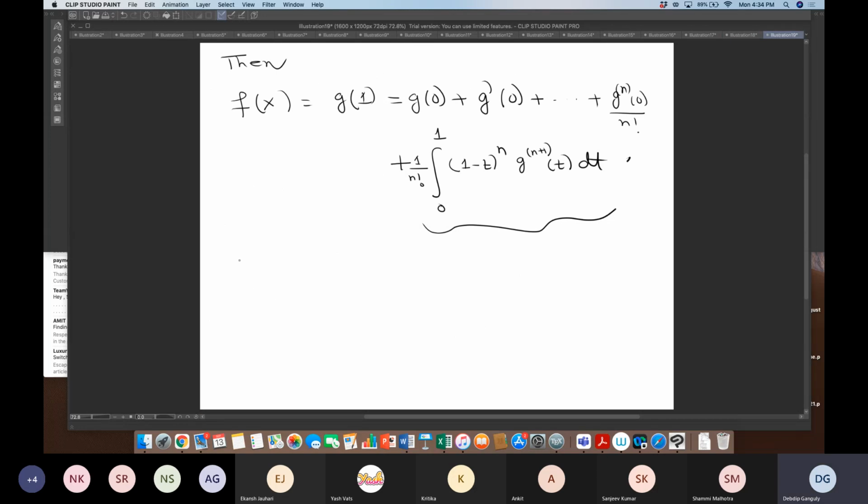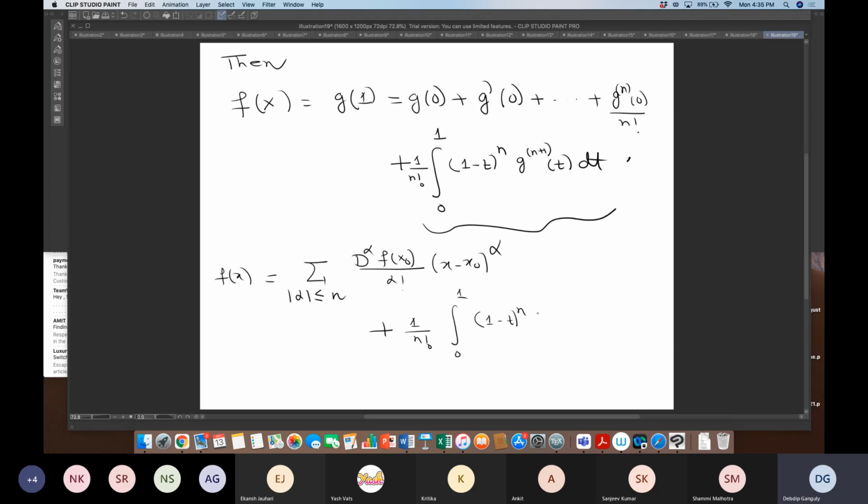So if you write it down, this will be right. If you wish, you can check. Please check: mod alpha, all the multi-indices will be covered. D alpha of f of x naught by alpha factorial, x minus x naught to the power alpha, plus 1 by n factorial, integral 0 to 1, (1 minus t) to the power n.